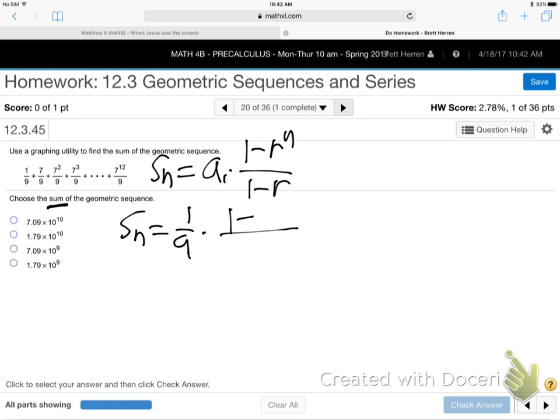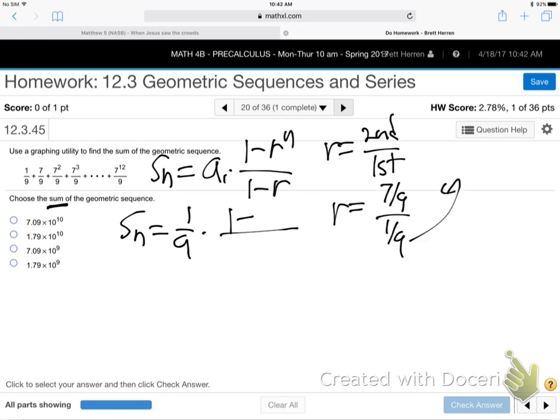See the r is 7? If you're not sure, I'll do the formalities again. Second term over first term. Second term is 7/9. First term is 1/9. Flip this guy up, 9 over 1. The 9's cancel. 7 over 1. r is 7, huh? It's just multiplying by another 7 every time on the top, isn't it? So 7 to the n over 1 minus 7. Good to there.